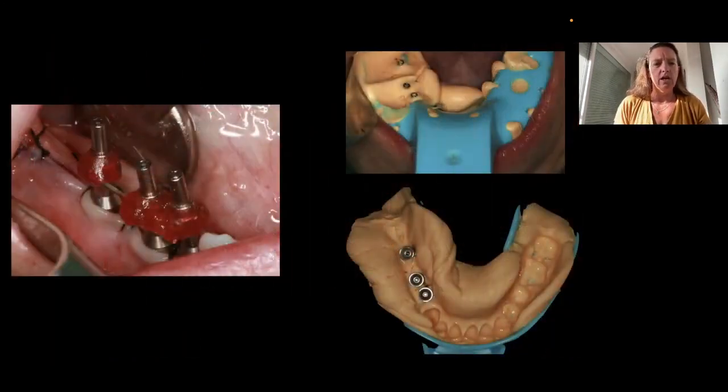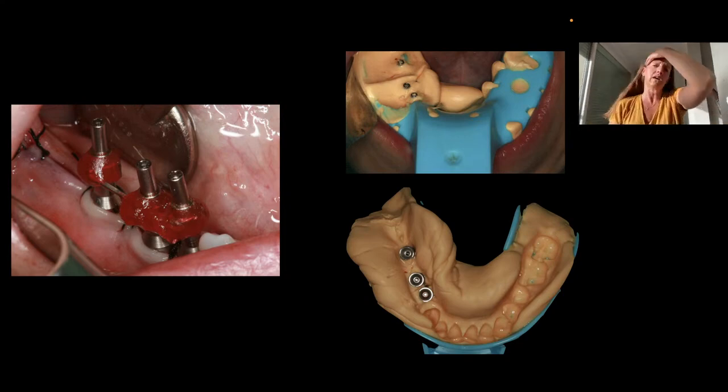And here is the impression. So we do an impression at multi-unit abutment level, and with the abutment level, as you can see, we do a bridge, and after uniting the impression copings with Duralay, we use only putty silicone because we just want to know exactly where we have our implants coming out.